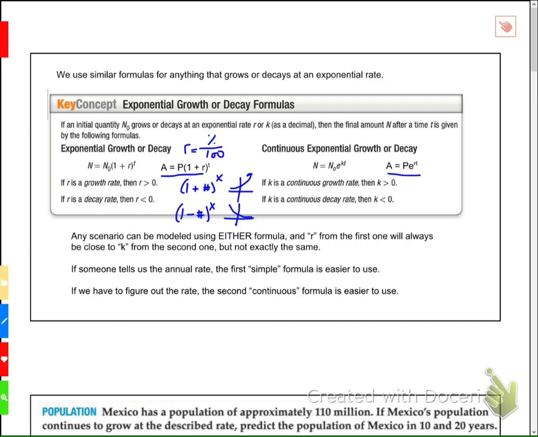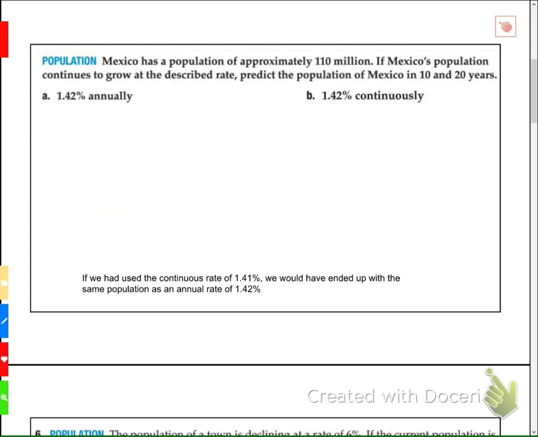Okay, we're going to look at both formulas. If someone tells us a rate, it's probably easier for us to just use this first formula right here. But if I ever have to figure out the rate myself, it's going to be a whole lot easier to use the continuous formula. So in this case, they told me that we're going to grow at a rate of 1.42% annually.